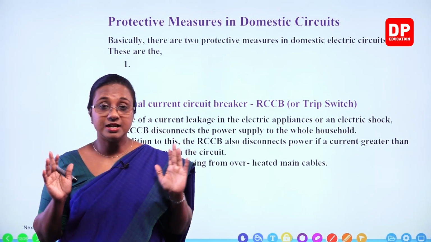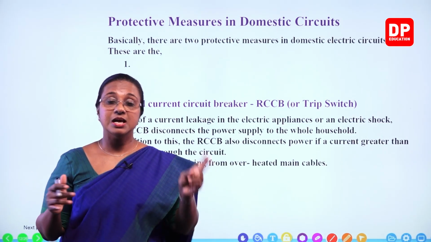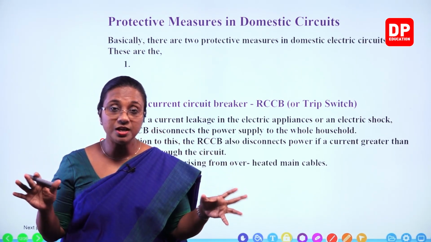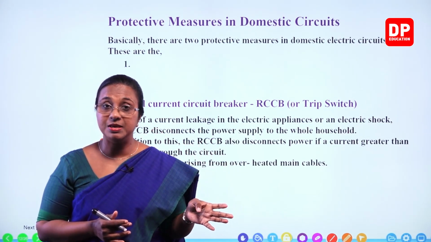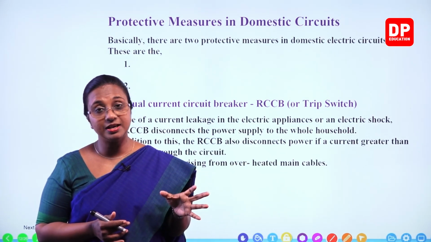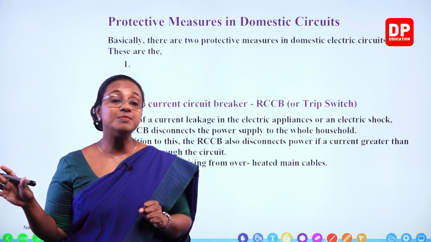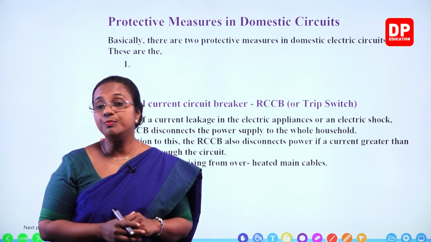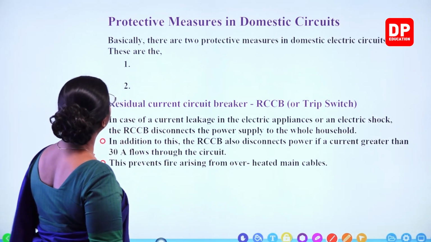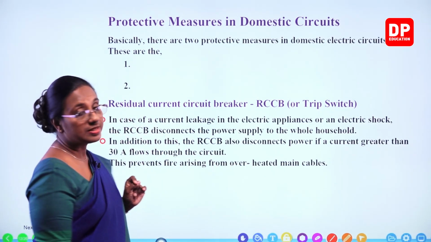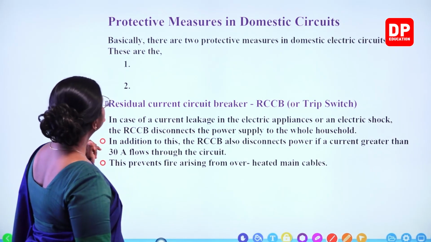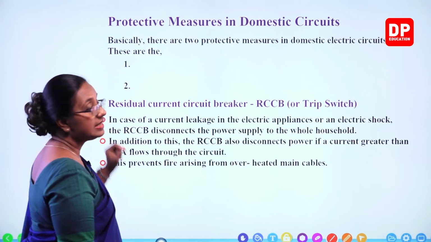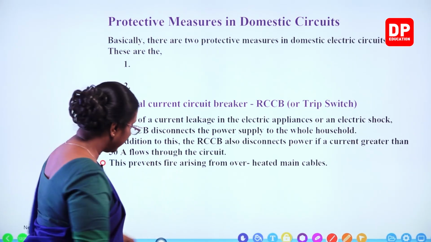So there are different types of protective measures, but the two main components that provide protection to the household are the RCCB, the residual current circuit breaker or the trip switch, and the MCB, the miniature circuit breaker. So those are the two main components. Now, protective measures in domestic circuits. Basically, there are two protective measures in domestic electric circuits, and these are the RCCB and the MCB.